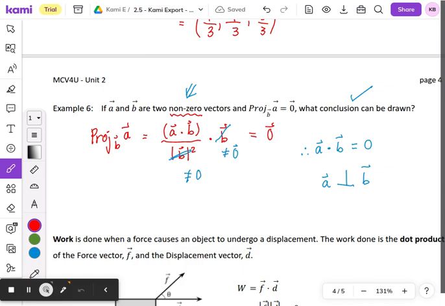So the only piece of the formula that would allow us to get a zero vector as the solution would be if the dot product, the numerator of that fraction, is equal to zero. That would only happen if the two vectors a and b were perpendicular. Okay, so that's the conclusion that can be drawn.